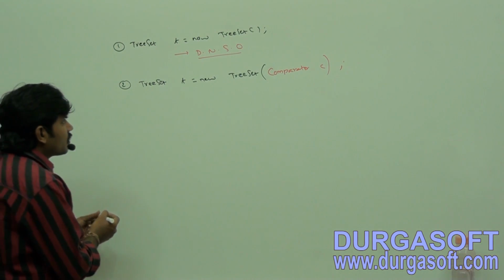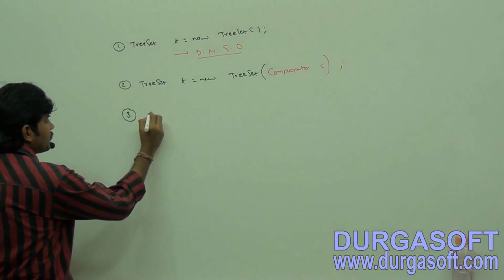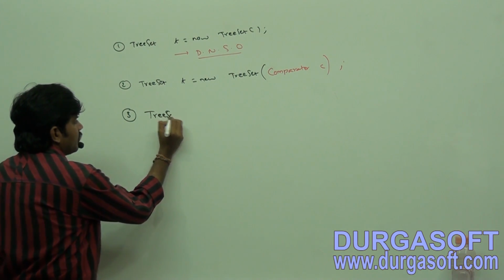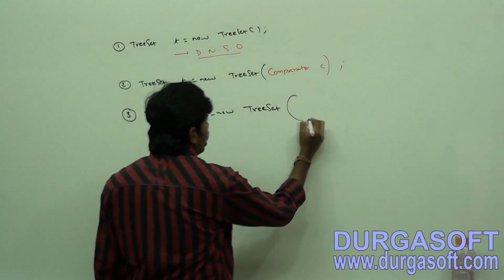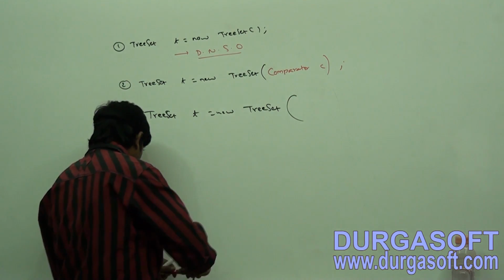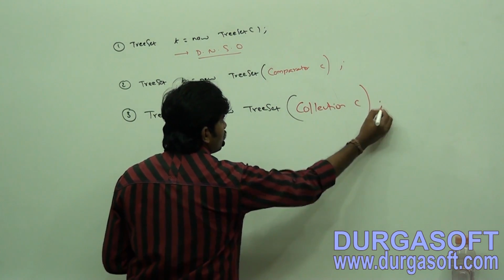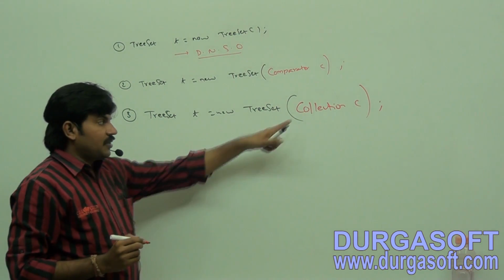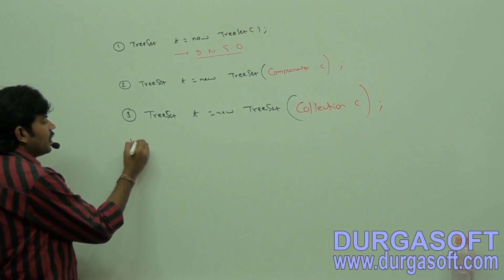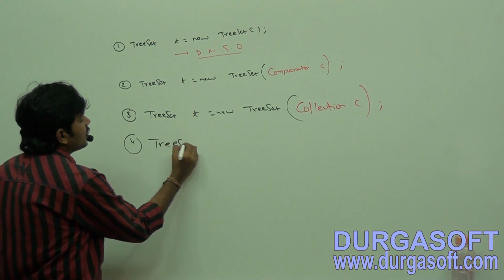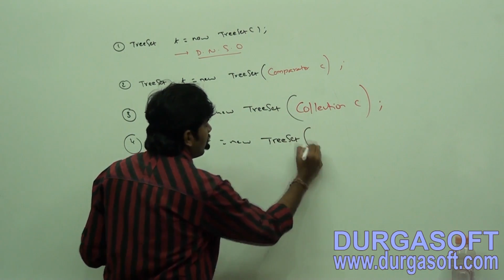Next, the third and fourth constructors are there, but they are not required to be given that much importance. Now TreeSet t = new TreeSet(Collection c). Have you observed? This constructor is used for interconversion between collection objects. Fourth one: TreeSet t = new TreeSet(SortedSet s).